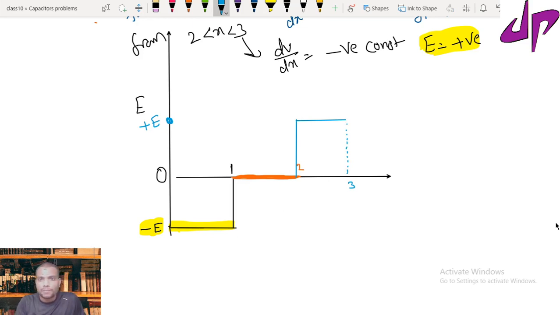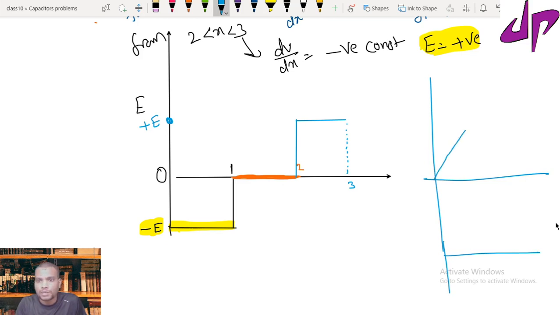If you combine the potential and the electric field together: if the potential increases, the electric field is negative; if the potential is constant, the electric field is zero; and if the potential decreases, the electric field is positive.